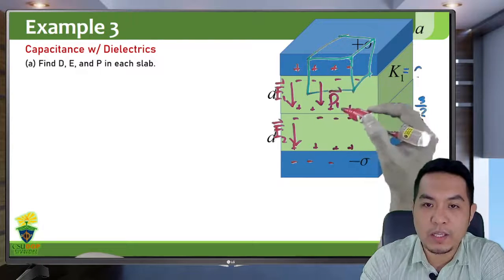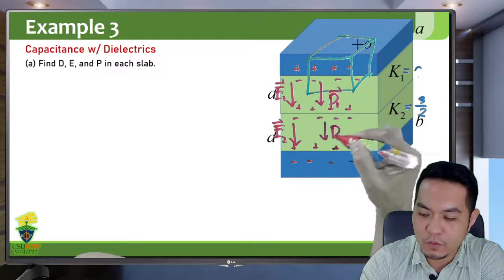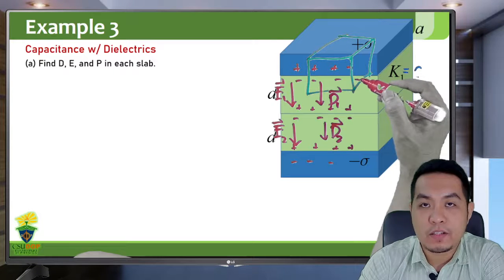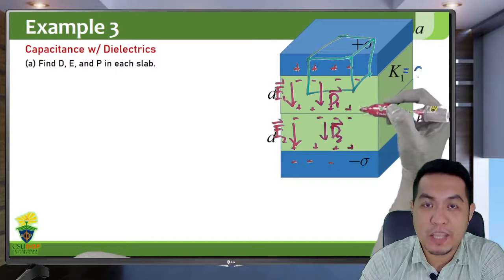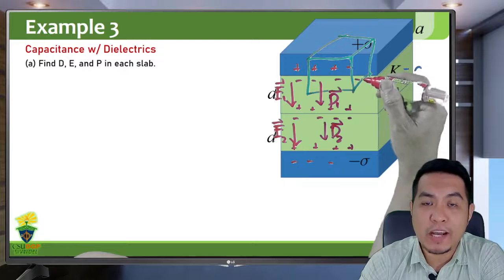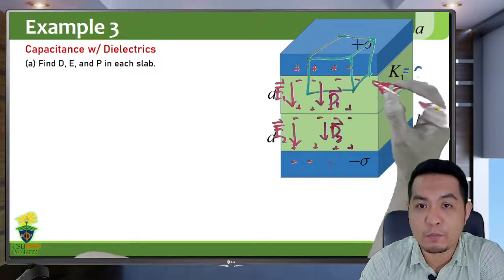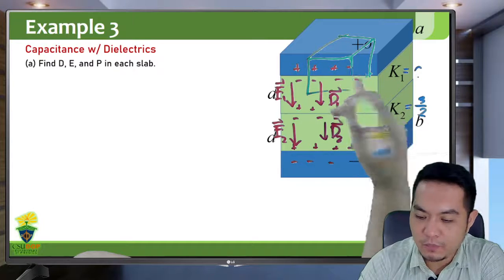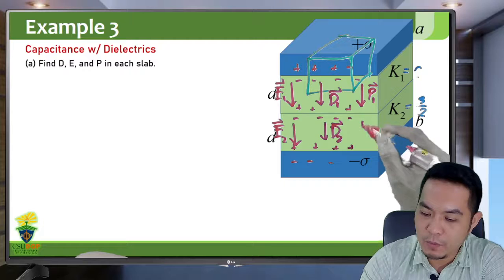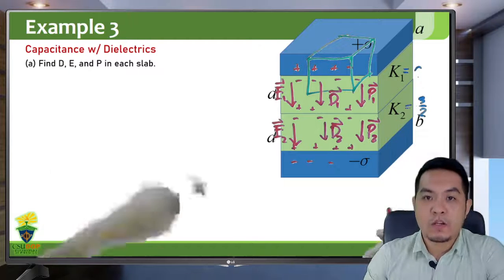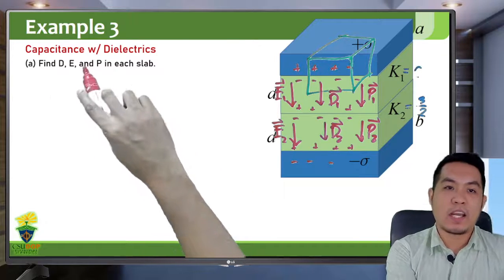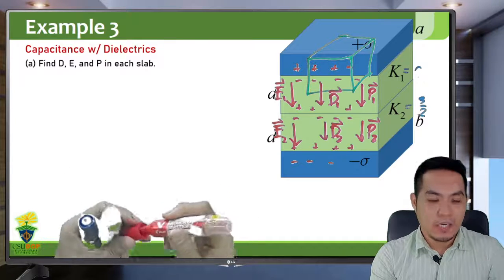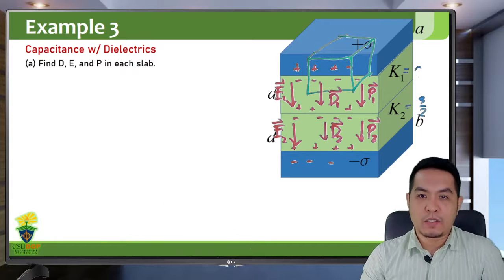So D1 will still be downwards, D2 will also be downwards. And since the negative charges are on the upper side, the positive charges on the lower side, the dipole moment will be directed from the negative to the positive. And hence, the polarization will also be in that direction. So this will also be the direction of our polarization, P1. And same for P2. So all of these three, the displacement, the electric field, and the polarization are all directed downwards.